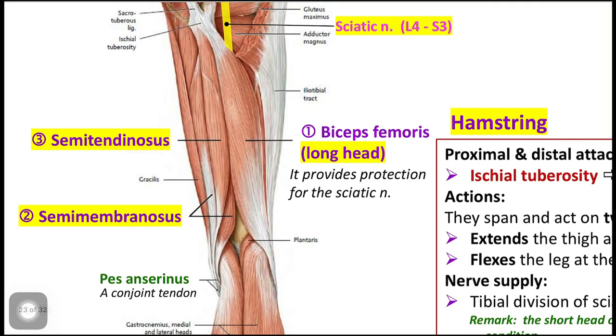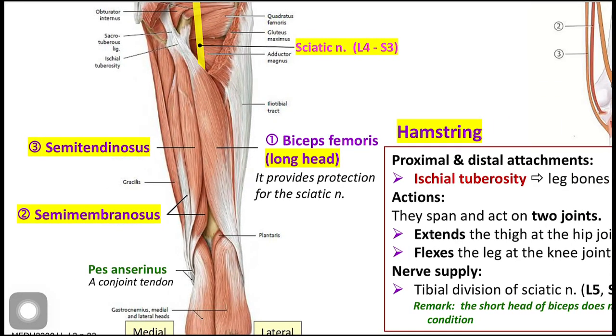So the biceps femoris is all running on the lateral side. They are from the same origin, which is the ischial tuberosity, okay? And then it will descend to the lateral part of the popliteal region. So that's why it also forms the lateral upper border of the popliteal fossa.